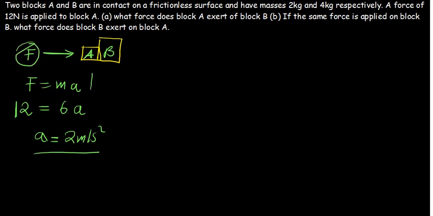What block A is going to exert on block B, so the force is equal to the mass of the object we are exerting the force on, block B, which is 4, times 2, so 8 newtons.